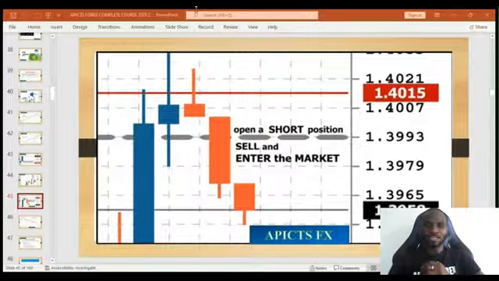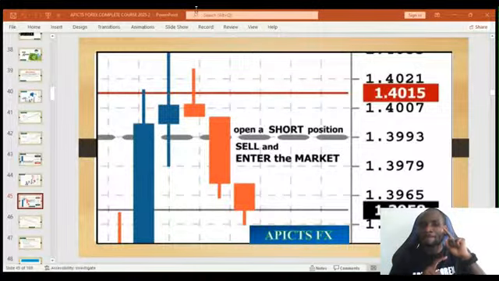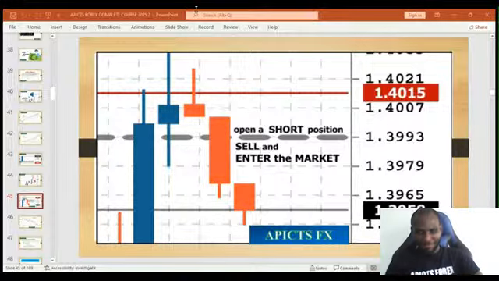And I say go long or go short, you have to understand what I'm saying. When I say go long, I am saying buy the market. When I say go short, I am saying sell the market.